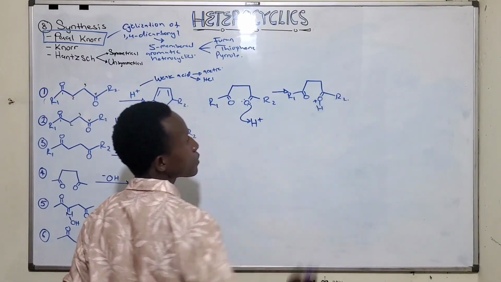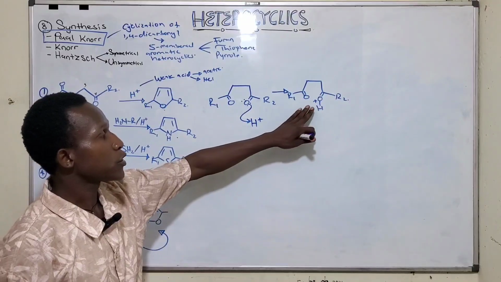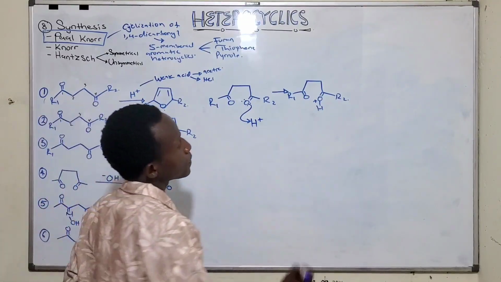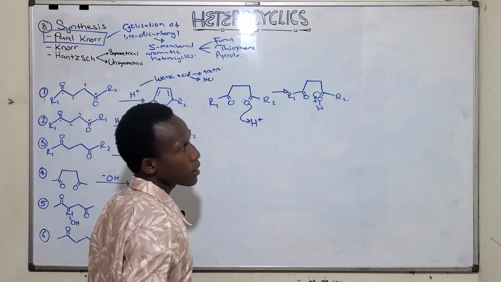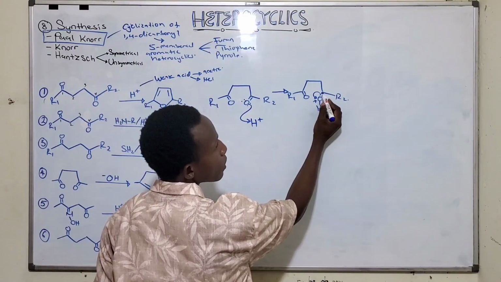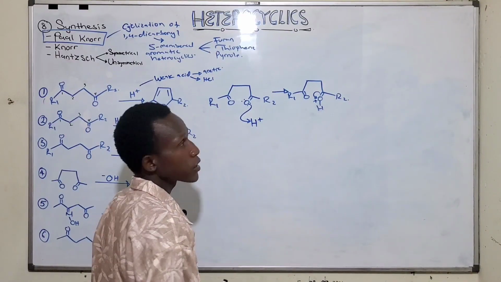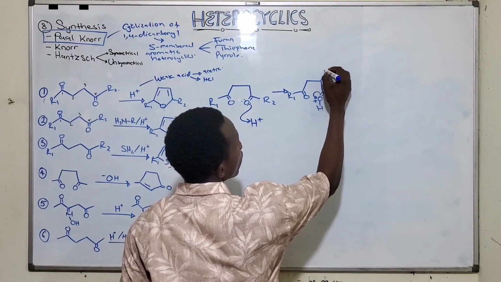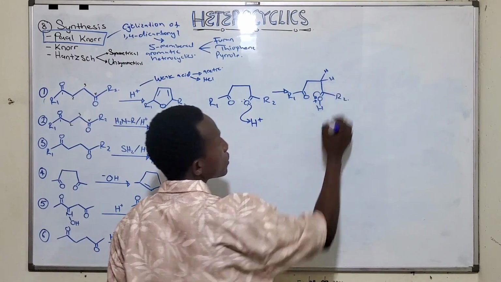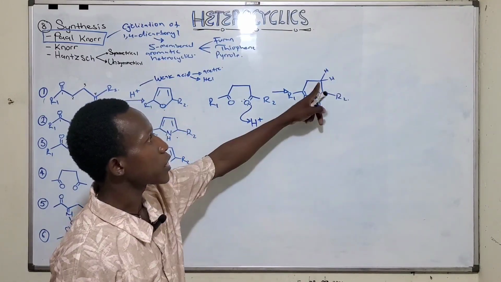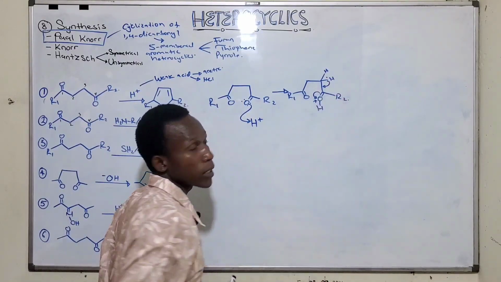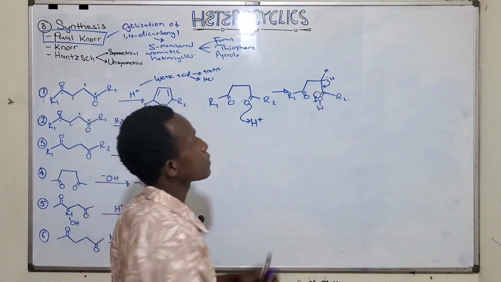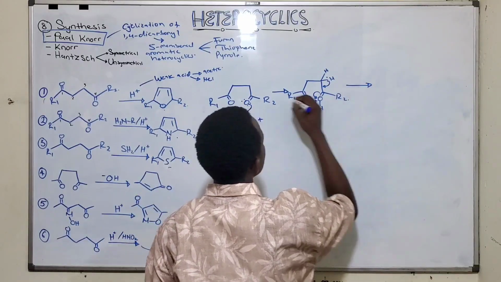There is R2. This is what you are having. Now, this oxygen, to stabilize, it will try to break this bond. When it breaks the bond, this carbon will become unstable. So it's a carbocation. Remember, we are having here hydrogen ions. The carbon is saturated. So one of the bonds will break and form a bond here. So we shall have this.